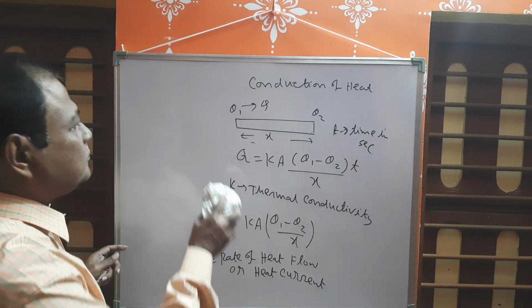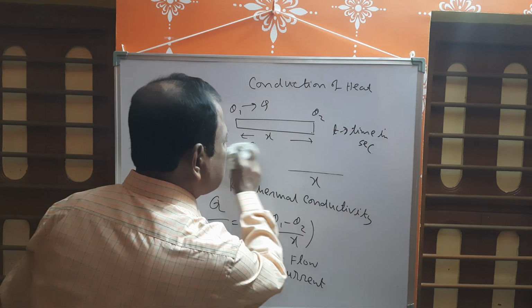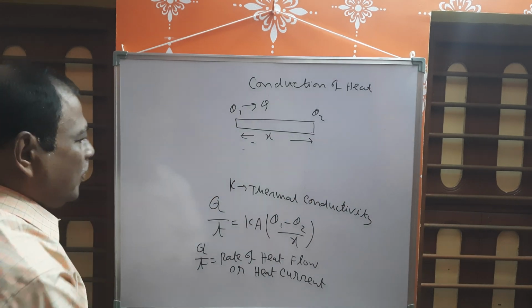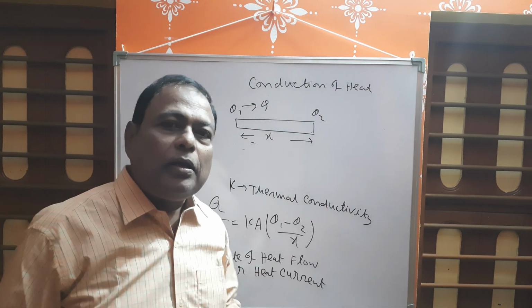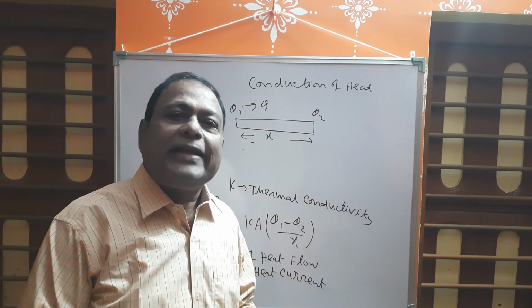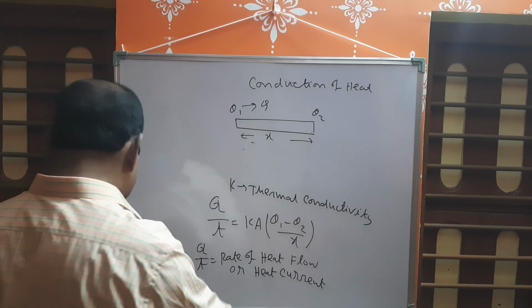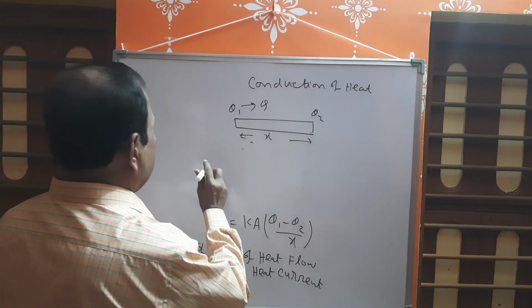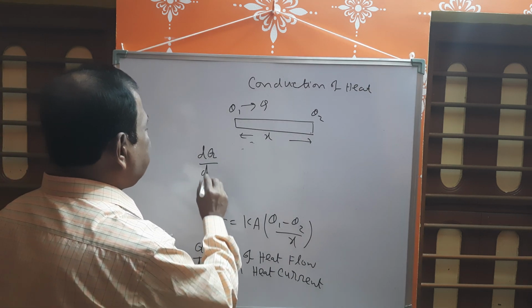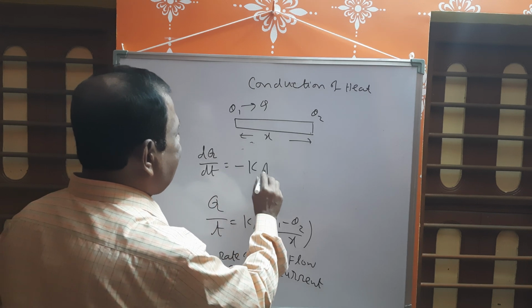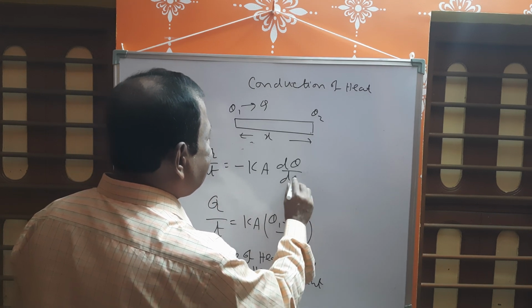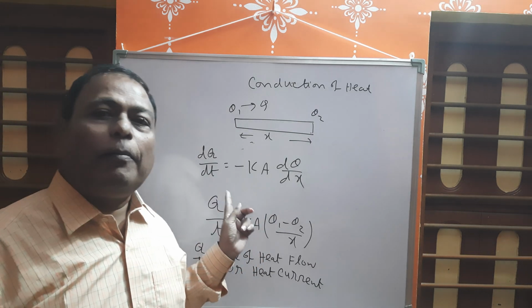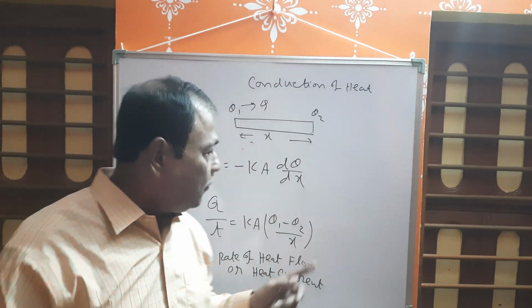Now in calculus, this equation can be written in this form: dQ by dt is equal to minus K A d theta by dx. dQ by dt means rate of heat flow.